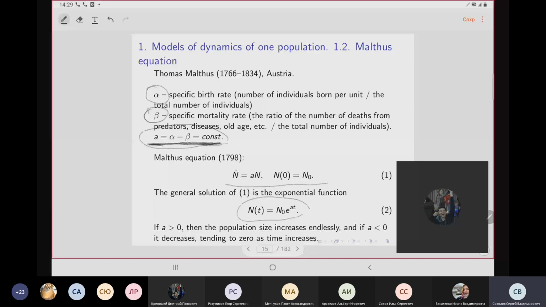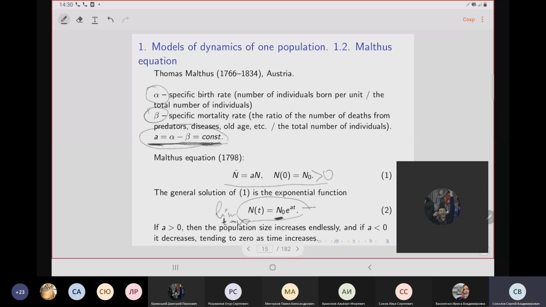What's happening when we have two constants here, n0, that is always positive, because we consider the existing community, so n0 must be positive. And we have the constant a that can be either positive or negative.